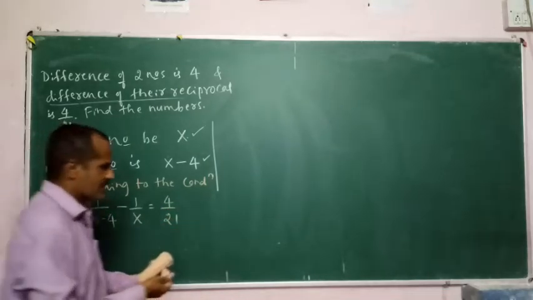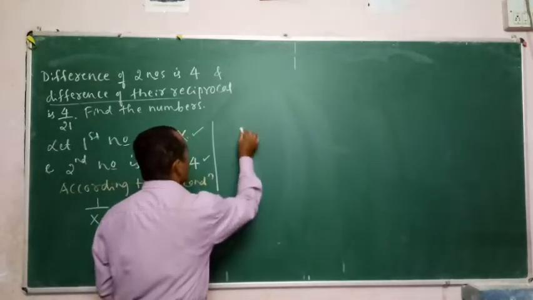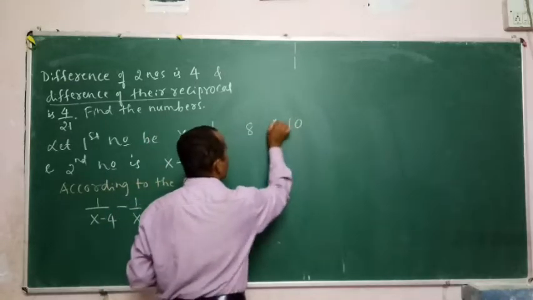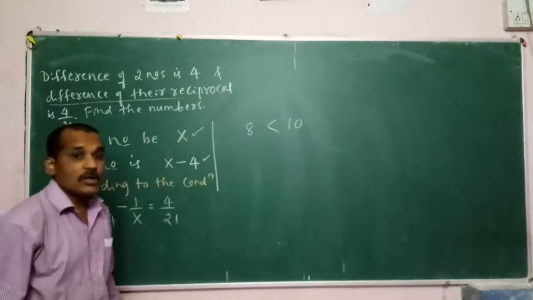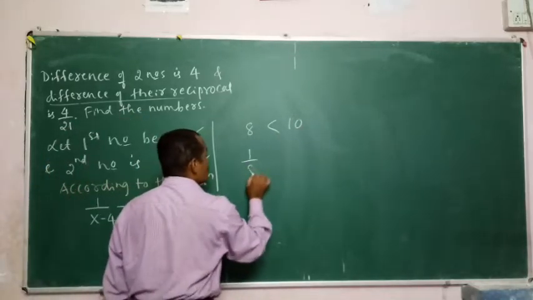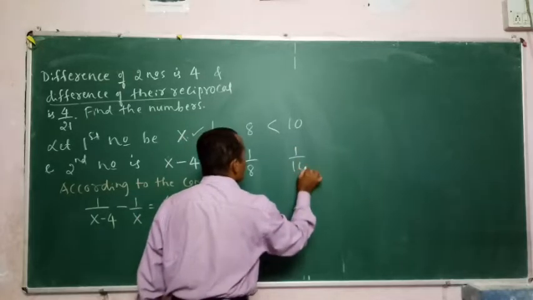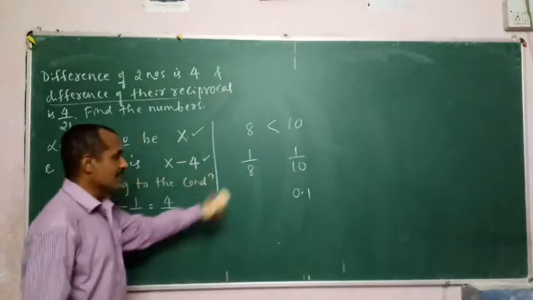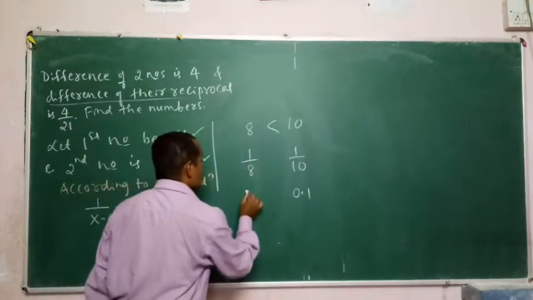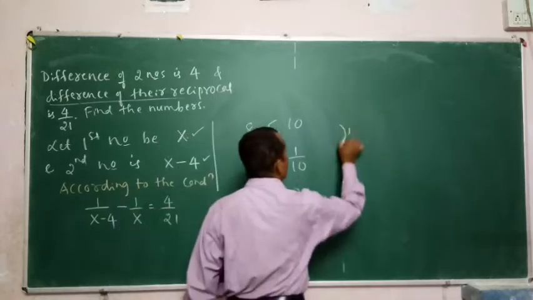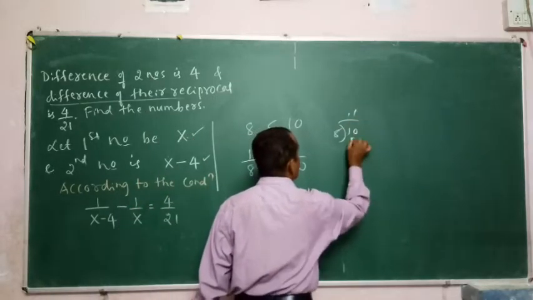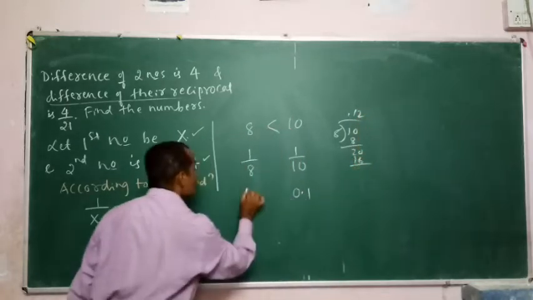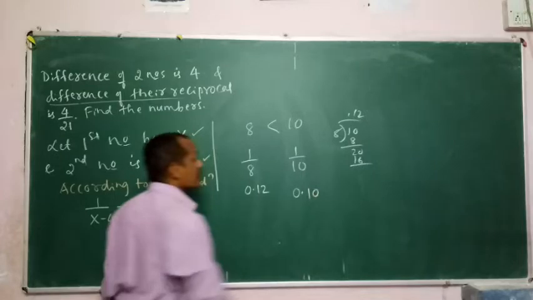You can take any number and check. See here. I will take one number as 8 and one number as 10. No doubt 10 is greater. When you make the reciprocal, the reciprocal of 8 is 1 by 8 and of 10 is 1 by 10. 1 by 10 means 0.1. 1 by 8 is 0.12. This is 0.12 and this is 0.10.